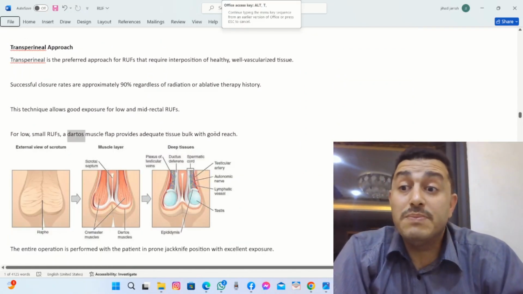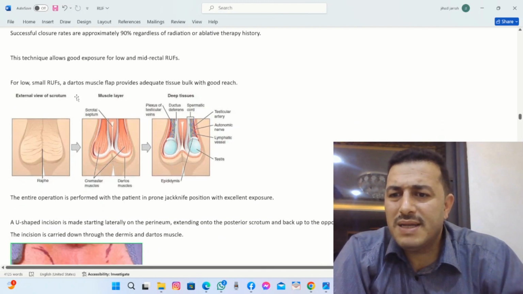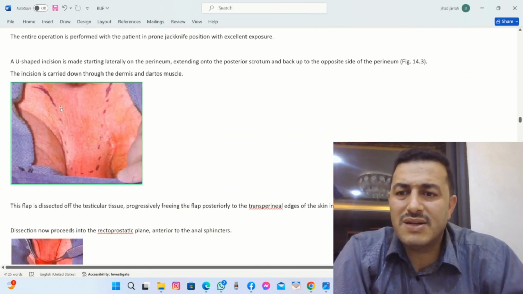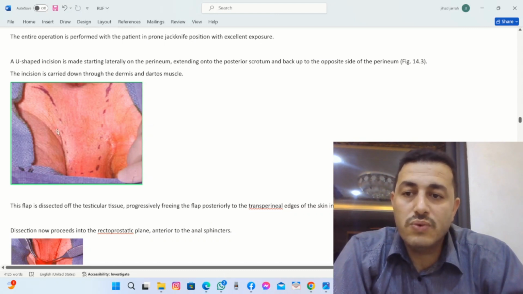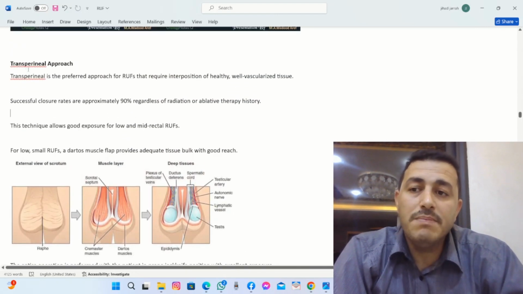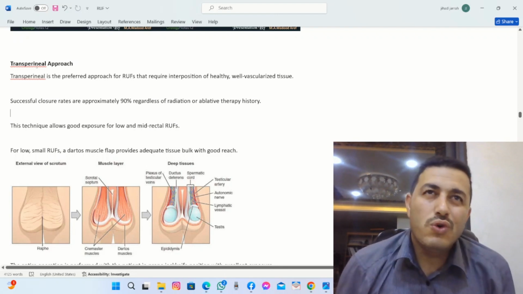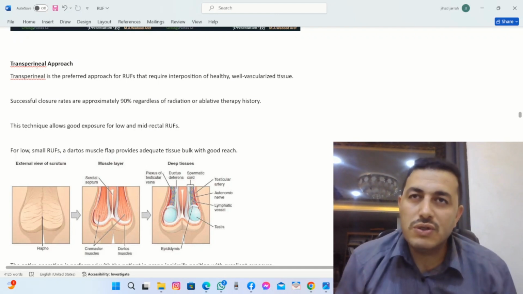Okay, transperineal approach. To understand what we mean by transperineal, this is the transperineal region. This is the anus. I removed part of the photo just to remove any sensitive image. This is the base of the scrotum, and this is the perineal region, and here we will approach. We say transanal for simple fistula. When we start to talk about transperineal, we talk about more complex fistula.